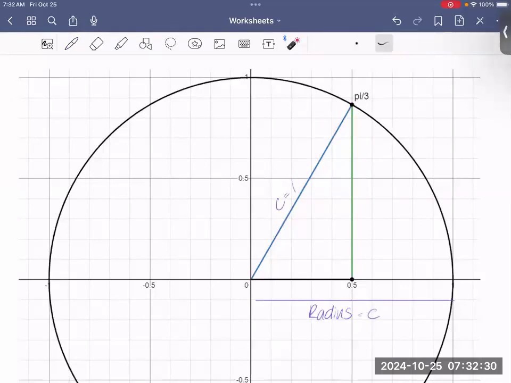Now this triangle is nice because we have at least one of your values. Your coordinate for your x value is 1/2. We know that because we can see this clear line right here being this 1/2. So we can say A is 1/2, meaning that we now have to just find your B value. Now we know that this 1/2 measure is going to be opposite of a 30-degree angle.